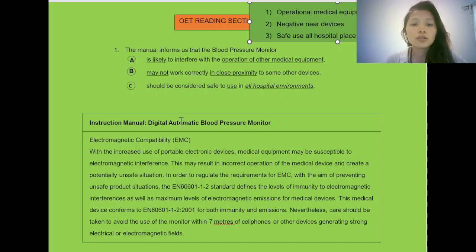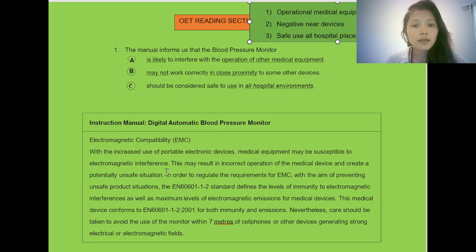This is not related to our topic, and this may result in incorrect operation of the medical devices. Now they are talking about operation, likely to interfere with the operation of other medical equipment. This may result in incorrect operation of medical devices and create a potentially unsafe situation.